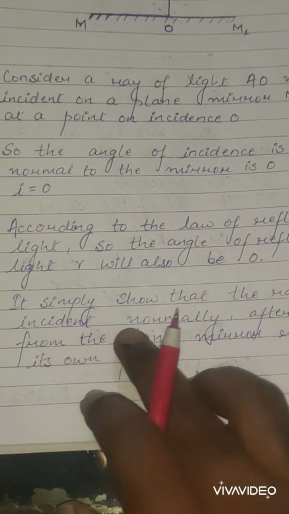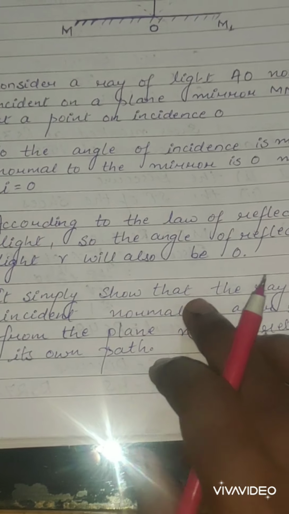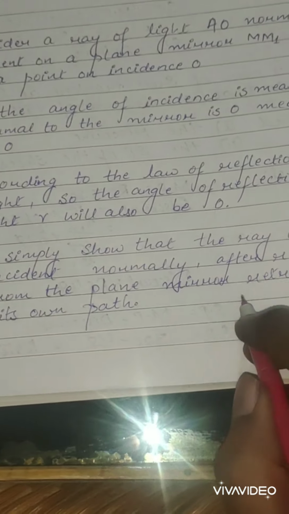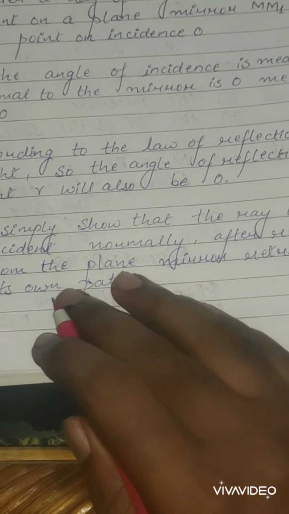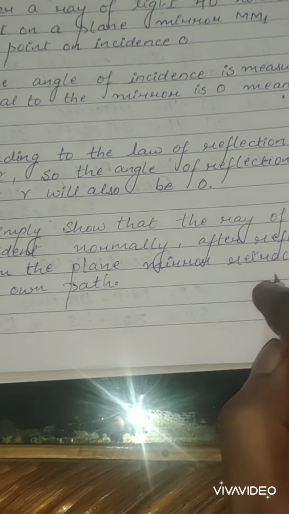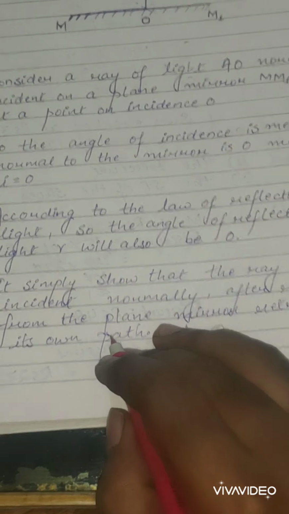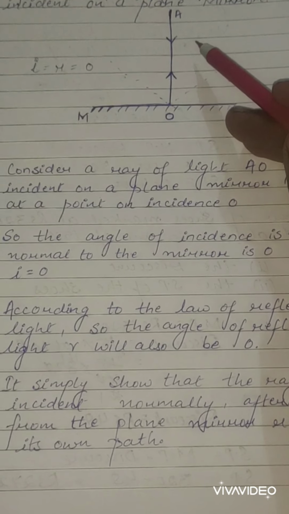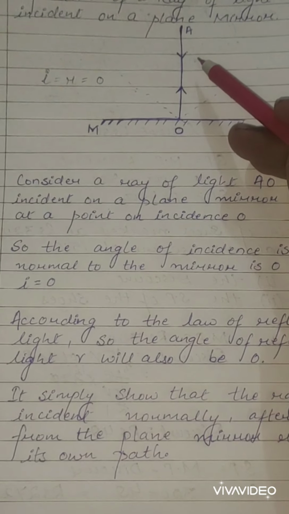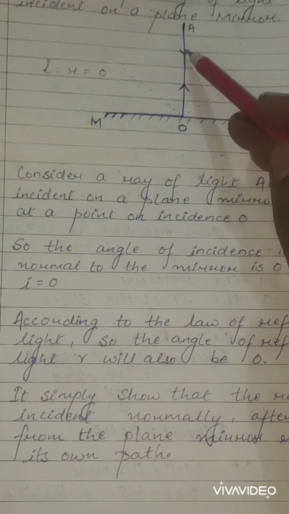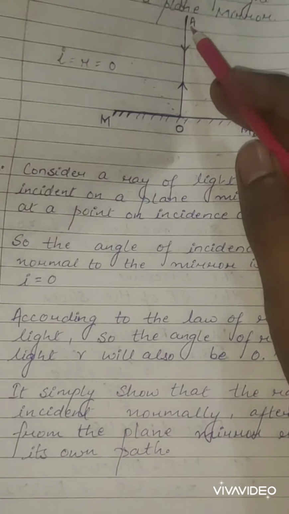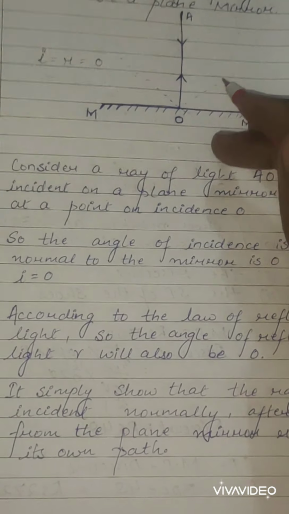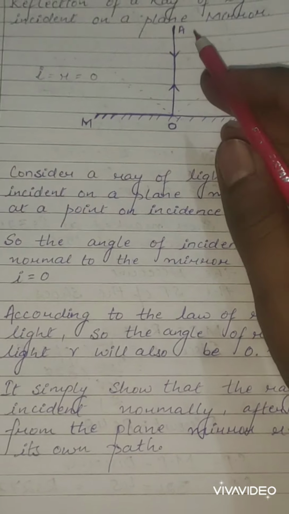So it simply shows that the ray of light incident normally, after reflection from the plane mirror, retraces its own path. Means if the ray is coming along the normal, it is retracing its own path.